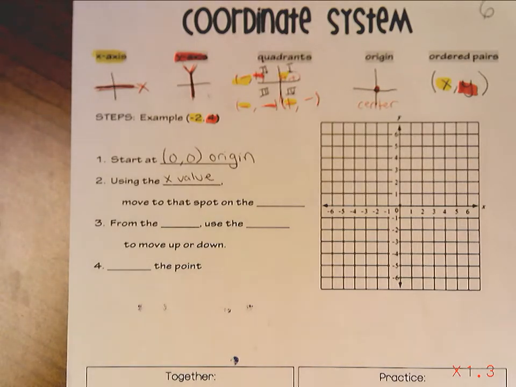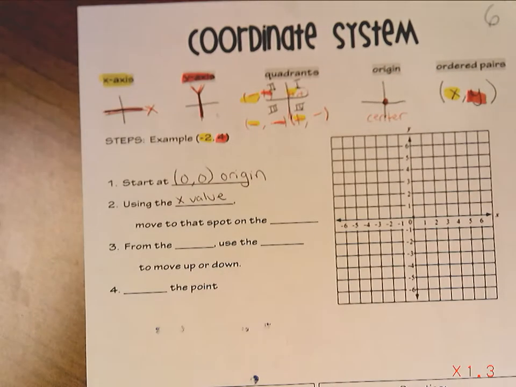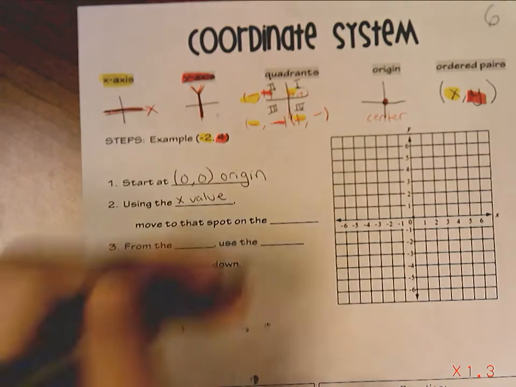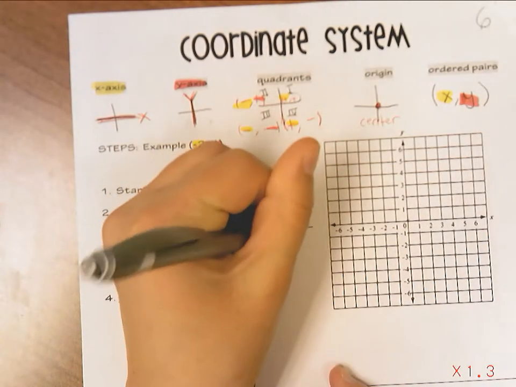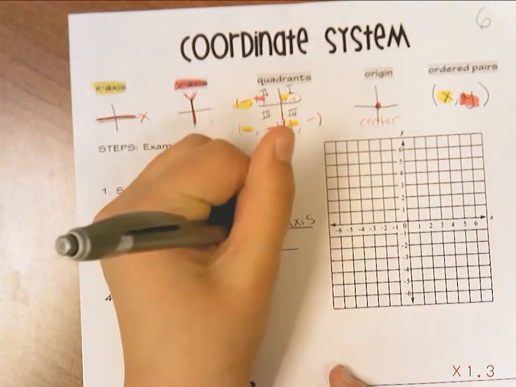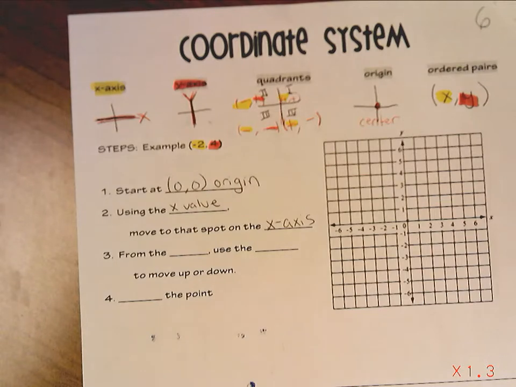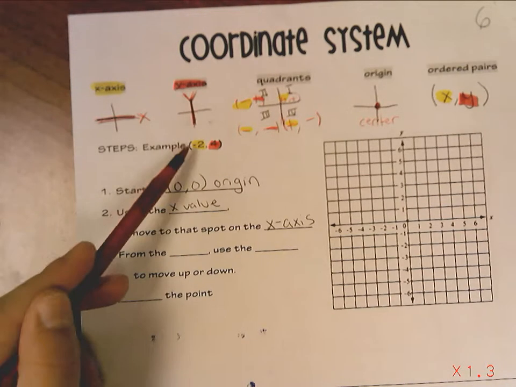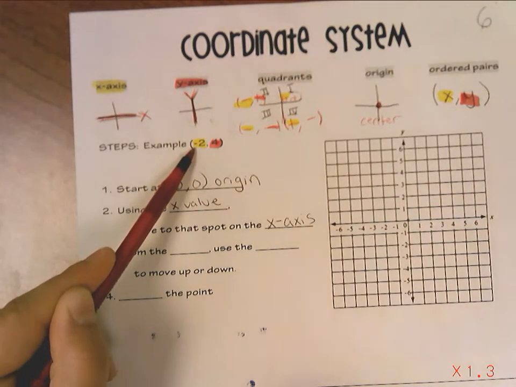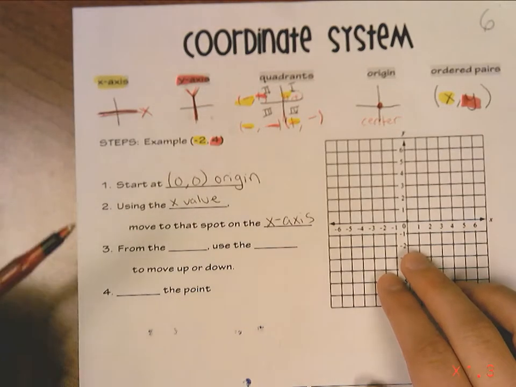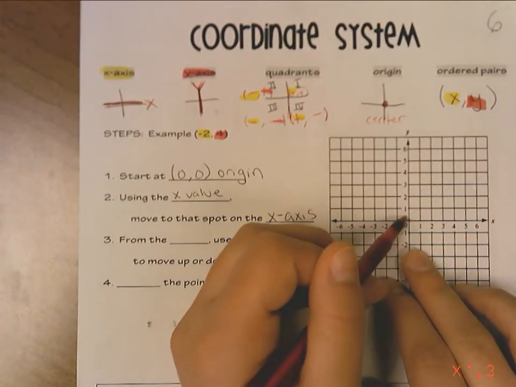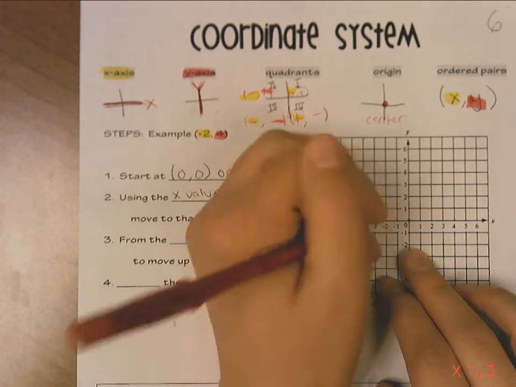So now, using the x value, we're going to move to that spot on the x-axis. So the x value, if you notice, is -2. So we are going to go -1, -2.